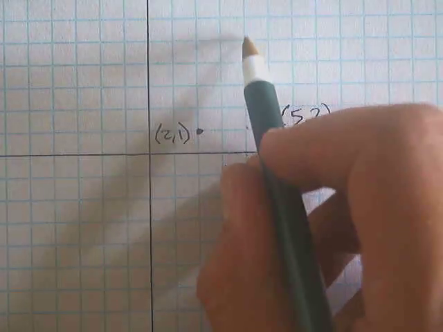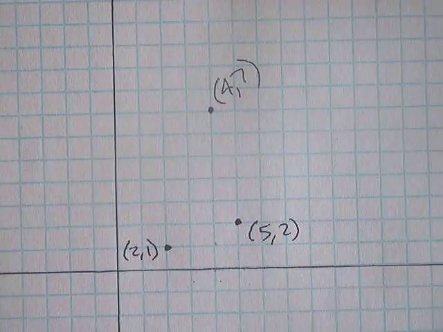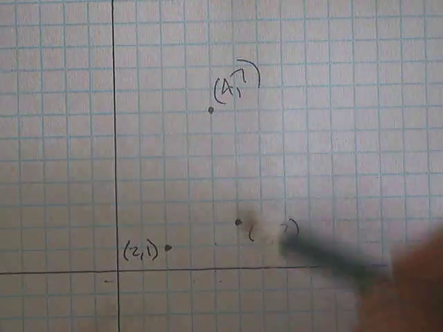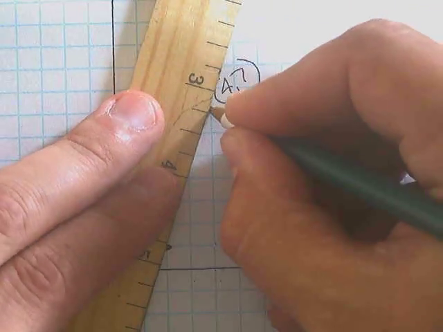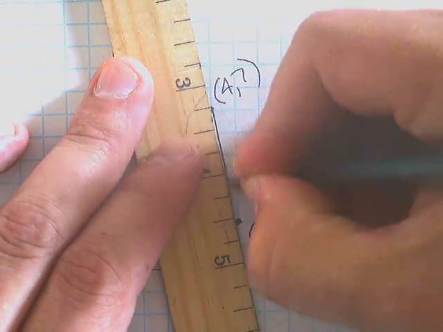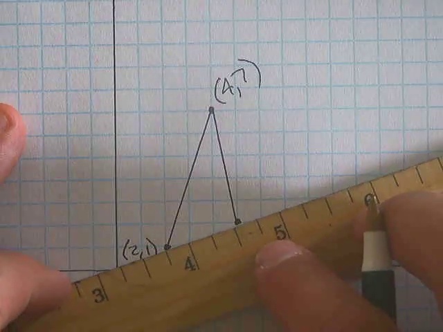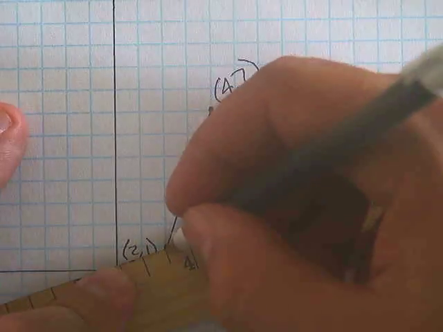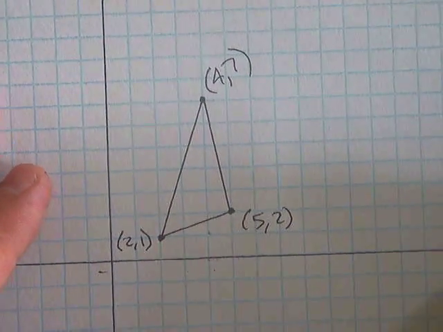And put a point up here. This is 4, 1, 2, 3, 4, 5, 6, 7. So (4, 7). Over 4, up 7. I'm going to connect those and make myself a triangle. So hopefully you're doing this with me. Please write this down. It's important.